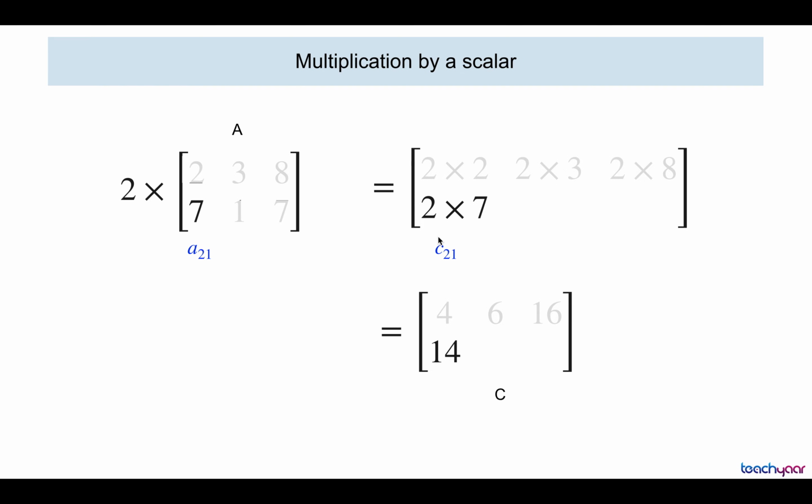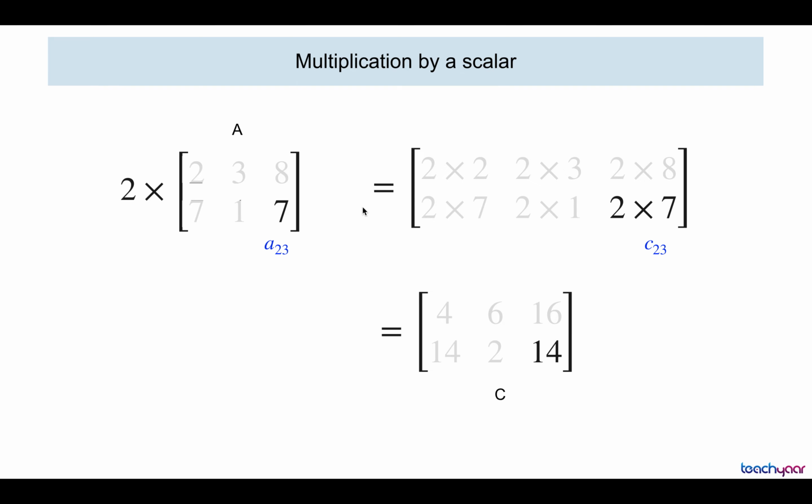Now let's look at the second row, and again you should be able to guess this by now. So now what you want is C21, second row, first column. A21 is 7, scalar is 2, so 2 into 7, which is 14. A22, so to get C22, A22 is 1, multiply that by the scalar 2, so 2 into 1, and so C22 is 2.